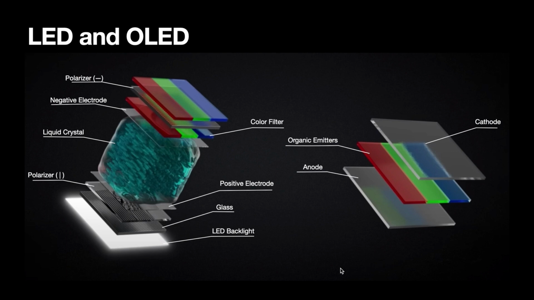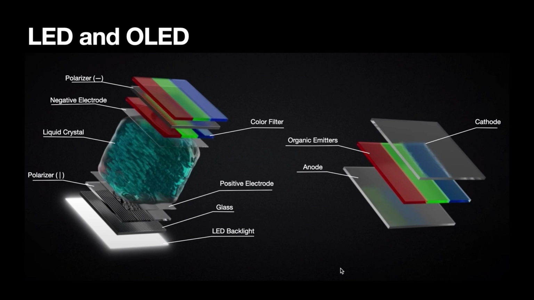Basically, we have a light source coming from the LED back panel, and you'll notice that in this structure we have two polarizers which are perpendicular to each other. Without the liquid crystal, the light cannot go through the screen. By adding a liquid crystal, we can change the direction of light polarization, and we can use the applied voltage to adjust the amount of light going through this structure.